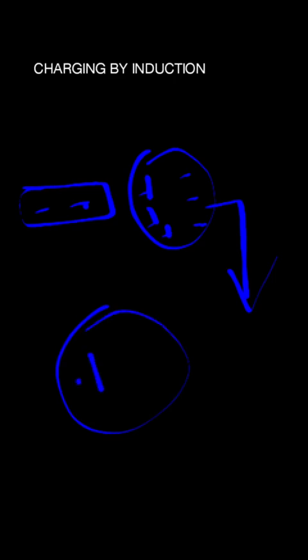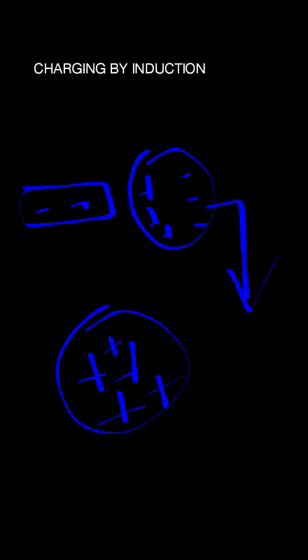So the essence is, you just bring the charged object near, then there's going to be rearranging of what? Of charges. The positive charges are going to move near the charged rod, and when you put the earth wire, the negative charges are going to flow to the ground. At the end, the object is going to be charged. This type of charging is what we call charging by induction.